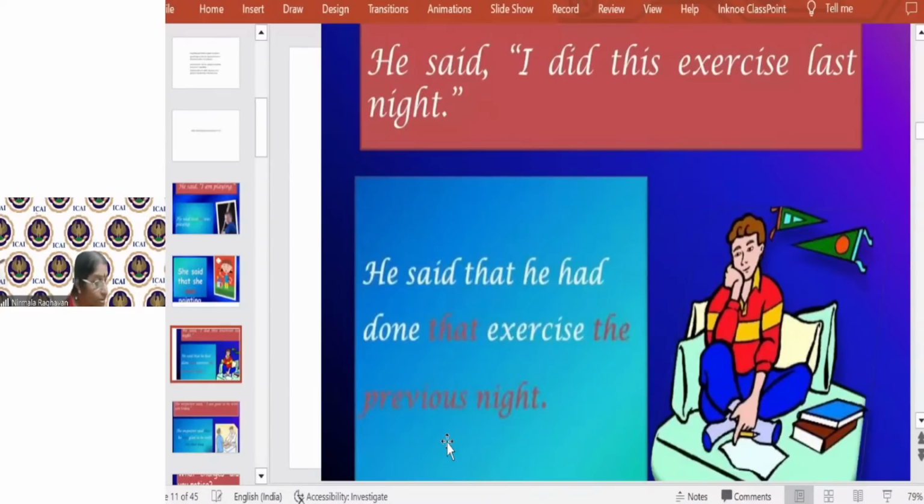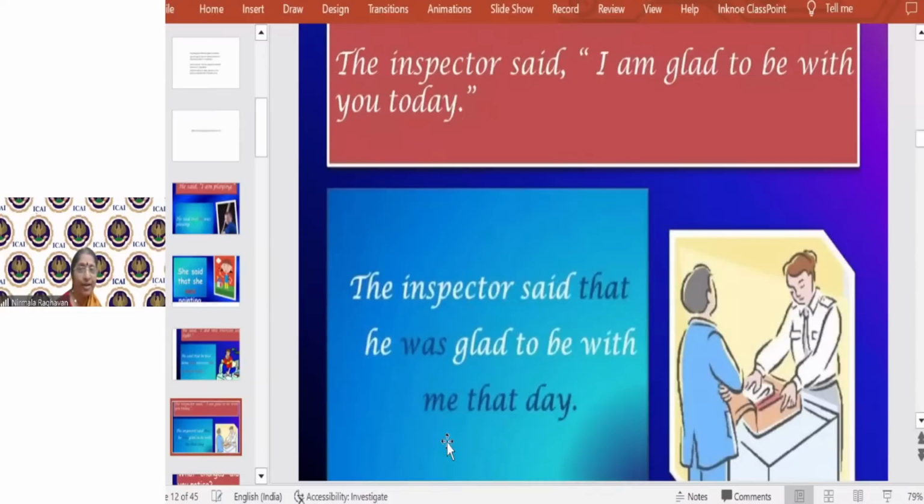These are only examples, and when we do the exercise and you get your doubts, then I will clear them up. Now just watch. The inspector said, 'I am glad to be with you today.' The inspector said that he was glad to be with me that day.